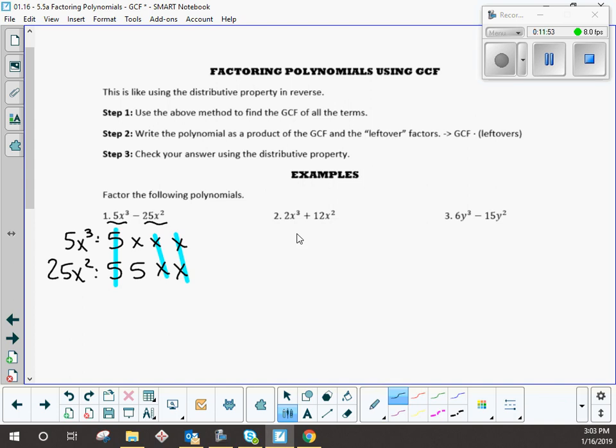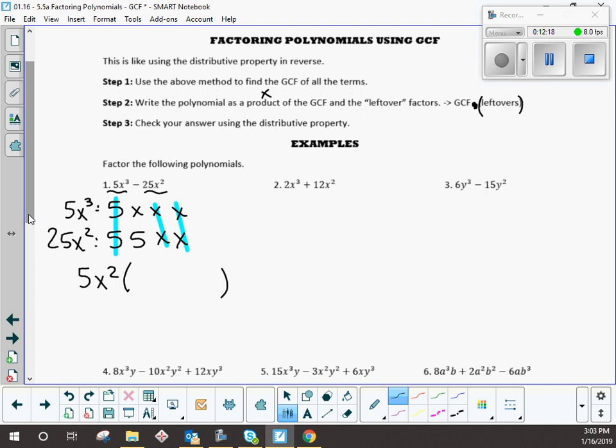Step 2 says write the polynomial as a product. Product means multiply. Okay, we're going to multiply the GCF and the leftover quote unquote factors. So it's the GCF on the outside times the leftovers on the inside. So 5x squared on the outside, because that's the GCF.